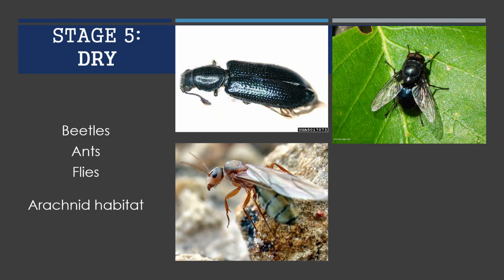It's more of a habitat. So you can find insects like beetles and ants and flies potentially just using this as a habitat. The bones and whatever else may be left. Maybe there's some clothing left over they may be using as a habitat for living or laying eggs or something like that. You may also have some arachnids.